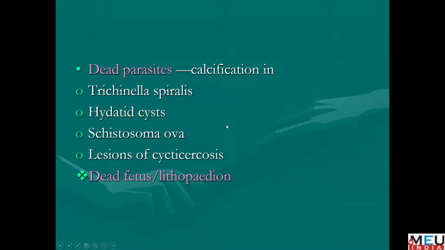The dead parasites in various parts of the body, like Trichinella spiralis, hydatid, schistosoma, cysticercosis, also get calcified and are visible on X-ray. For the fetus, there is a phenomenon known as lithopedion.